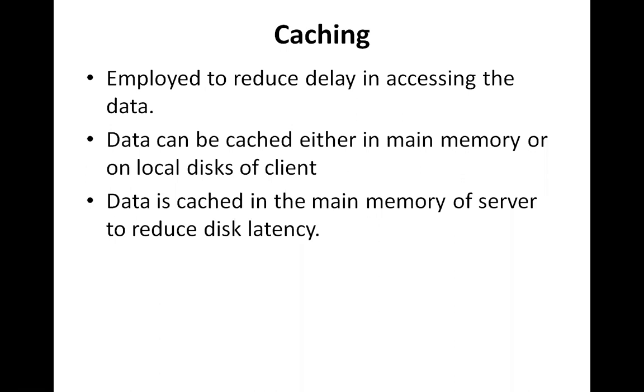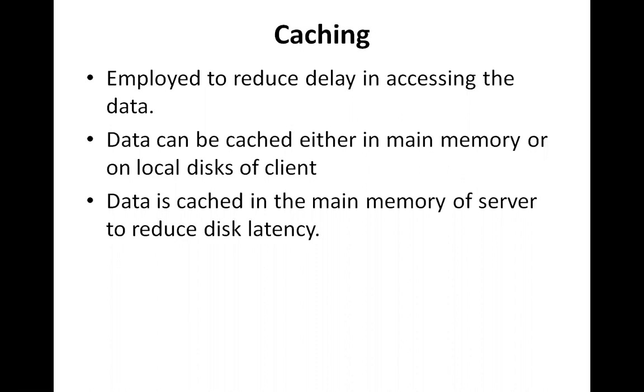The data which is cached, whether in the main memory or in the local disk, will be available at the client side. And the advantages and disadvantages of caching the data either in the main memory or the local disk have already been discussed when we were discussing the cache design issues of a distributed file system.